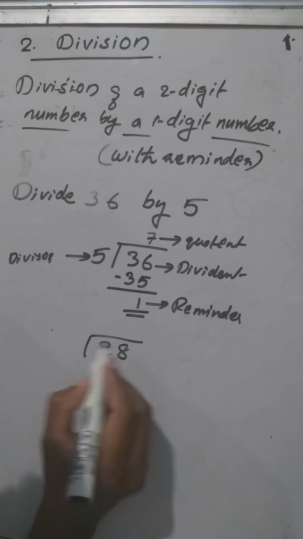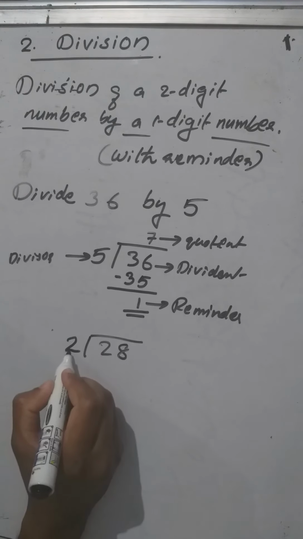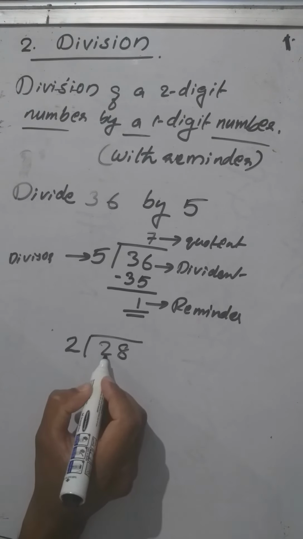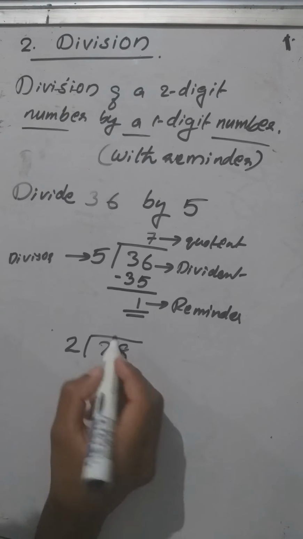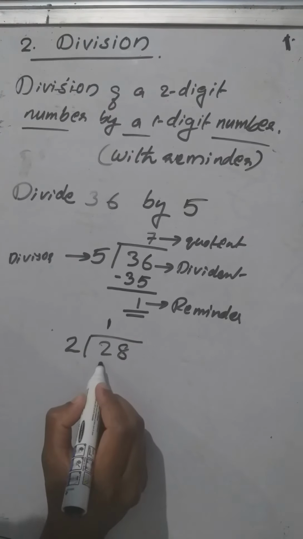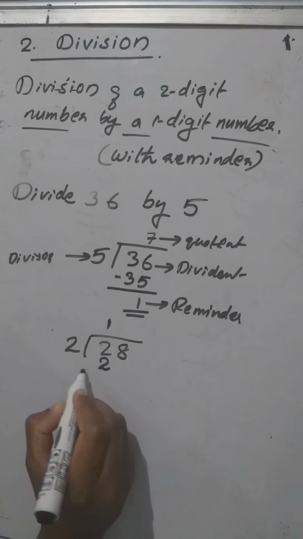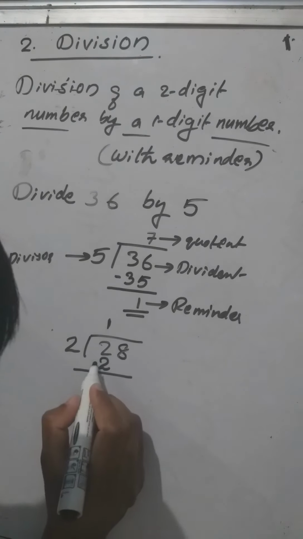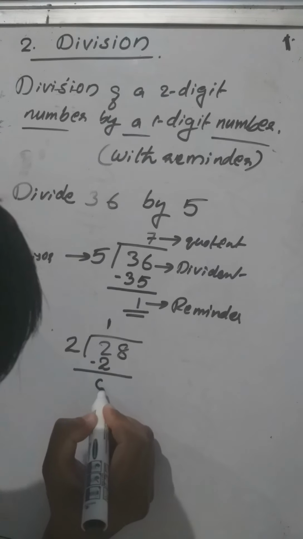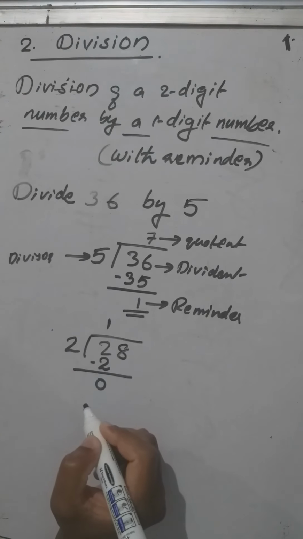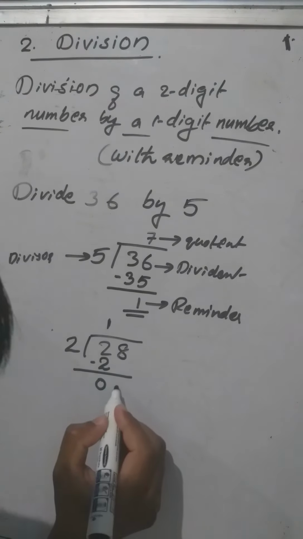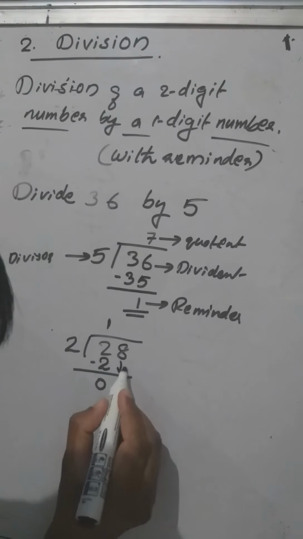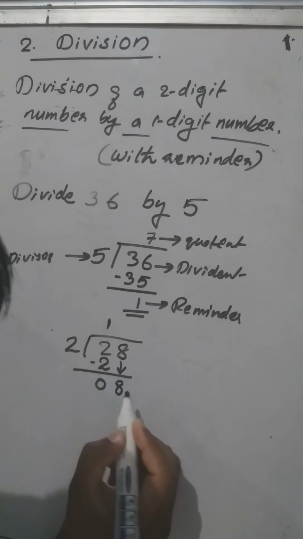28 by 2, so let's check. 2 is divisible by 2, isn't it? So how many 2's are there in 2? 1 2, so we can write 1 here. Okay, so 2 minus 2 is equal to 0. Now write the next number below, that is 8.